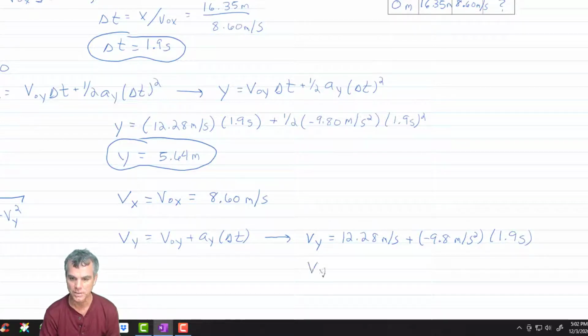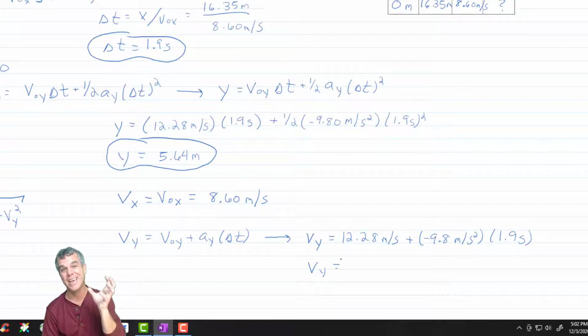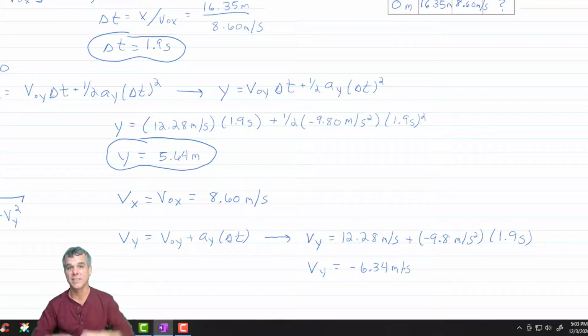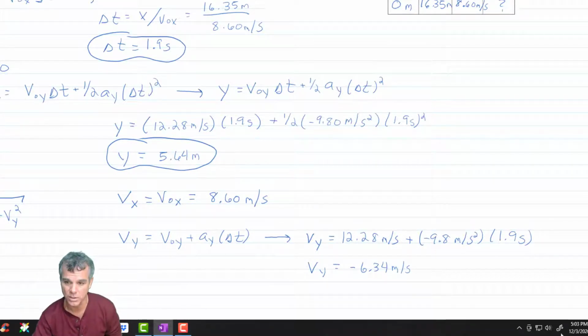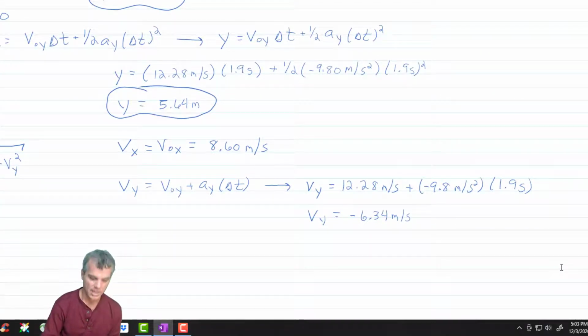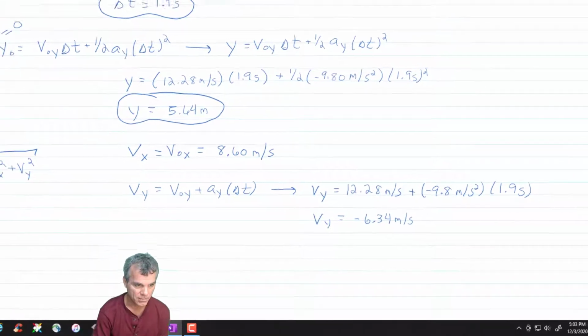What I get is the velocity in the y direction at 1.9 seconds, which is when it has traveled 16.35 meters horizontally, is negative 6.34 meters per second. The negative sign indicates that the object is moving downwards vertically and it's already crossed the highest point. Now I can figure out my speed.